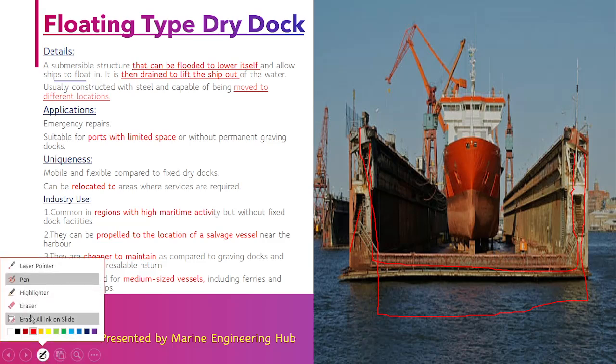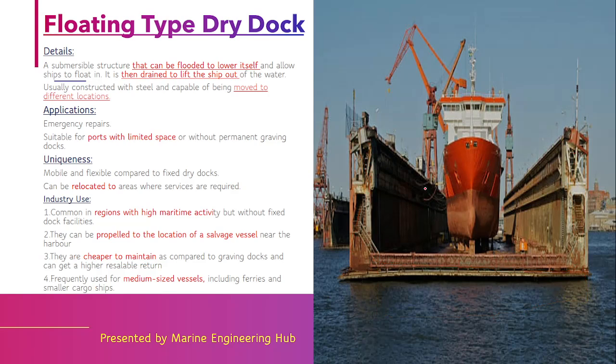So what will happen, suppose we want to do a floating type dock. Basically it's floating in water, the platform will be on this side and the vessel will come inside, and once the vessel has come inside it will slowly be raised.